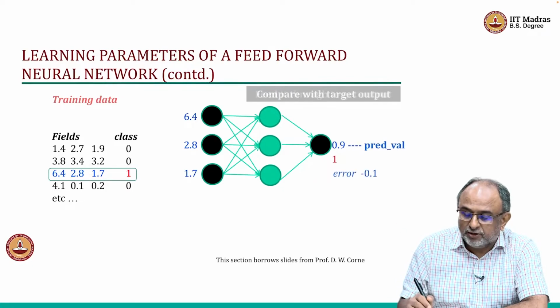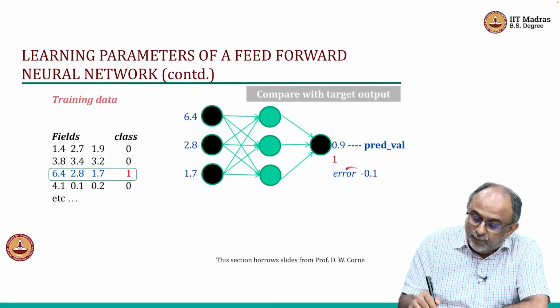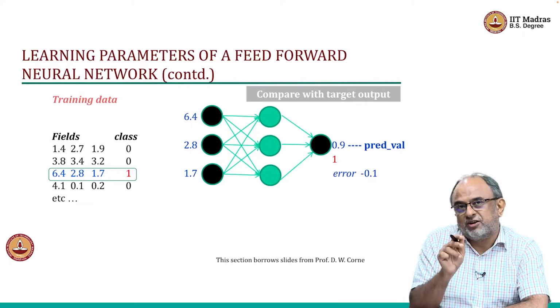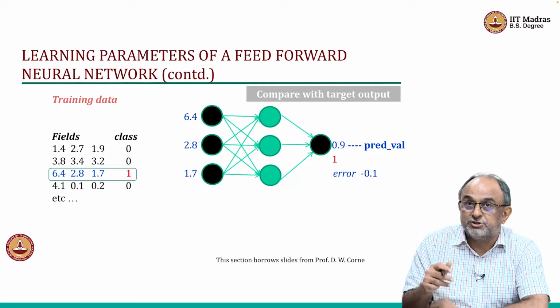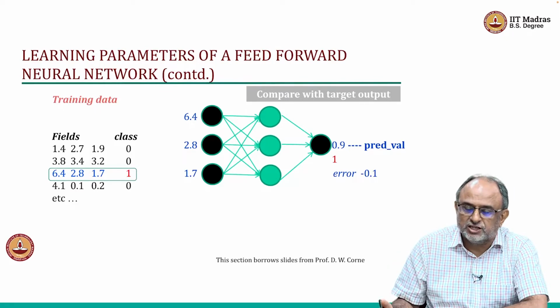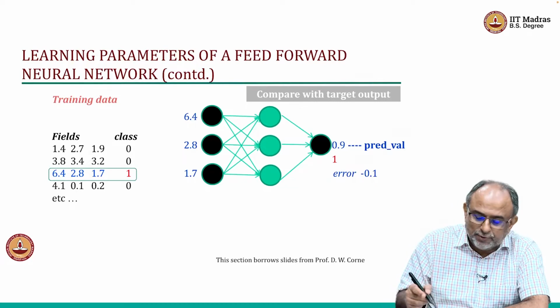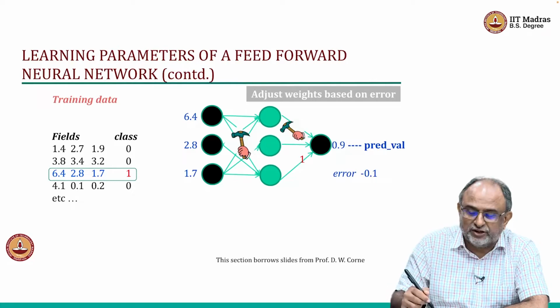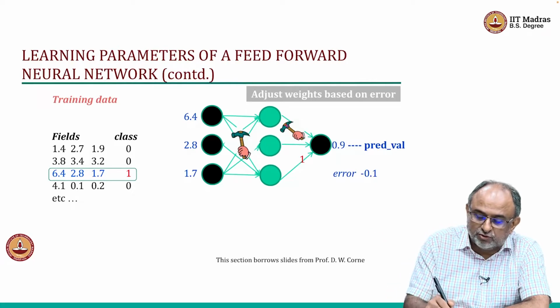And then again there is an error, but what are we going to do? Again, based on the amount of error, we are going to adjust the weights. If the error is small, the weights make small adjustments. If the errors are large, we need to make bigger adjustments in the weights, and we keep repeating. So again I'll adjust to reduce this error even further, right.